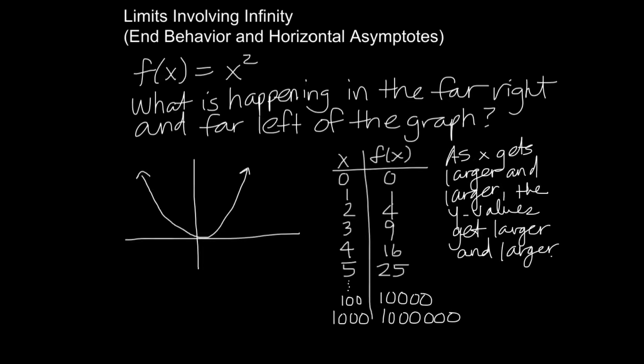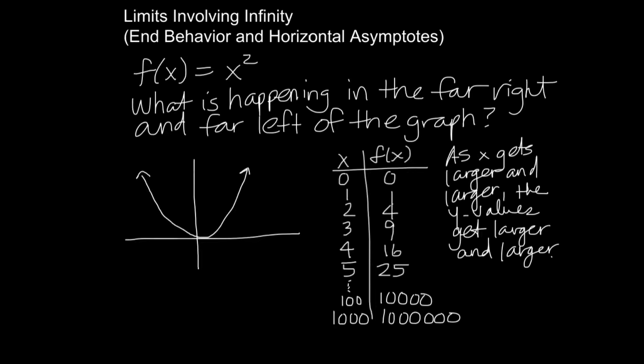In fact, if x were to approach infinity, then the y values will also approach infinity. Graphically, what's happening is that as x gets super, super large, the y values also get super, super large. So the graph is going up forever. That is the graphical interpretation.